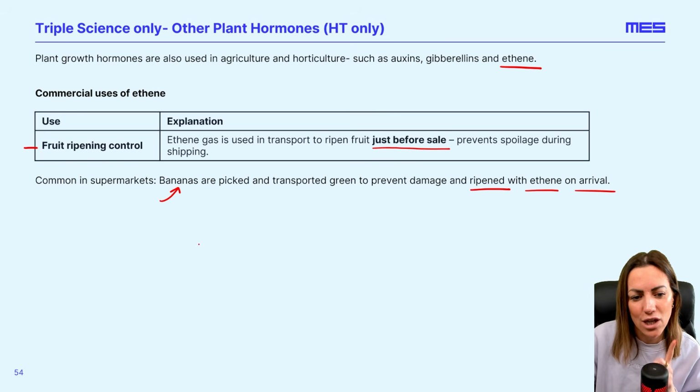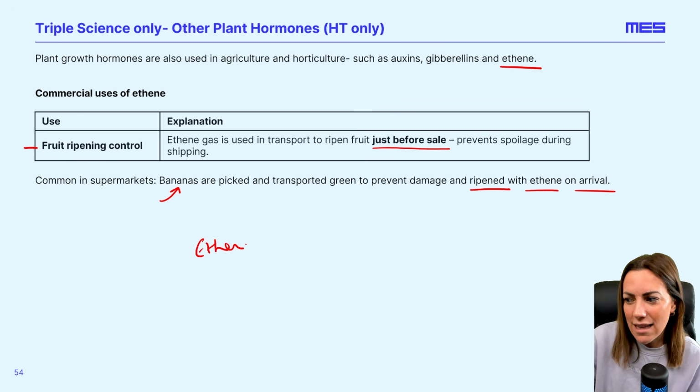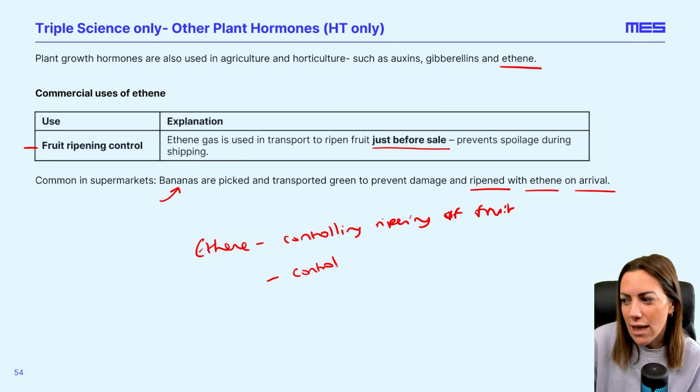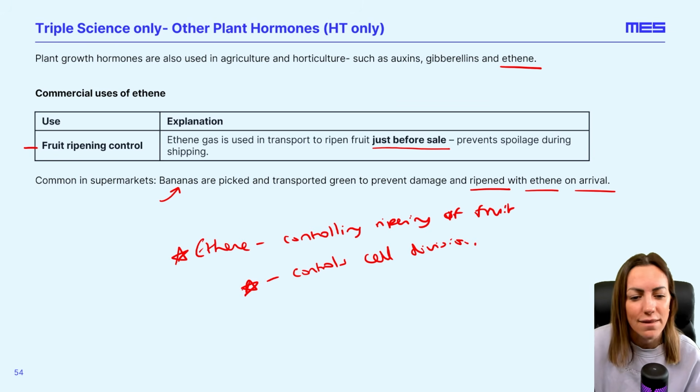And the other thing that I should just add here, because it's not on the slide, as well as ethene controlling ripening of fruit, we can also say for ethene, it does help to control cell division. So those are the two things on your spec that it says about ethene. Controls cell division, controls ripening of fruit.